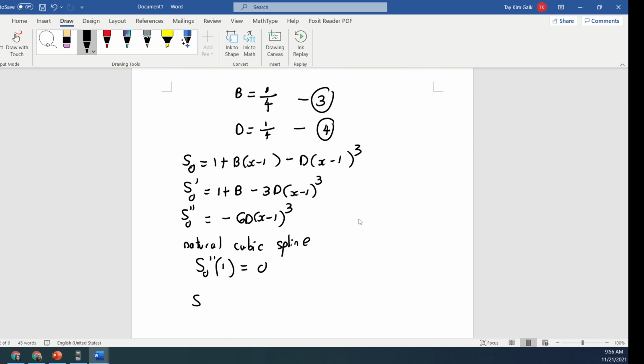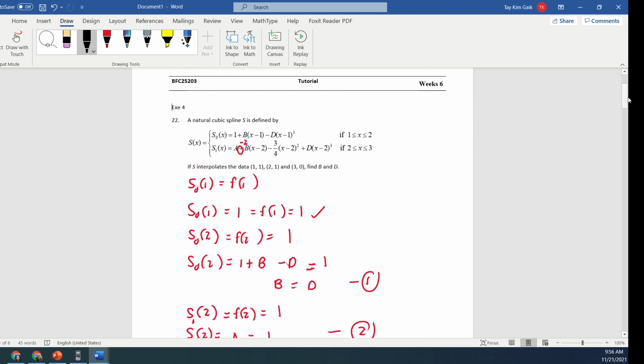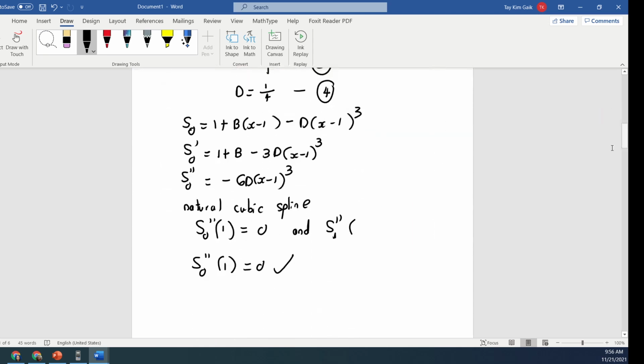Plugging in 1, it is true, we get 0. So this is a natural cubic spline. Also, the second derivative of S1 at the ending point 3 should be equal to 0.